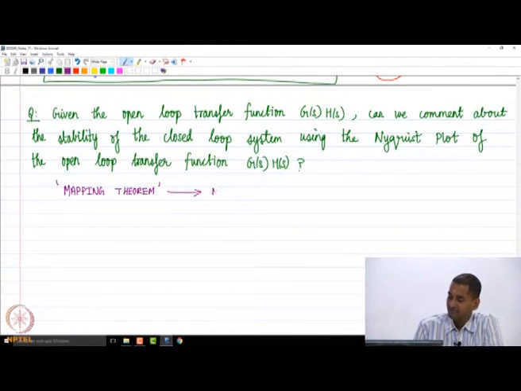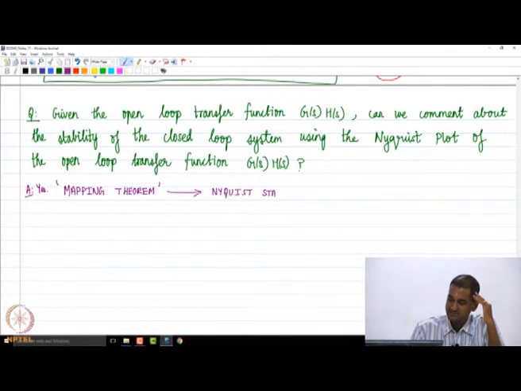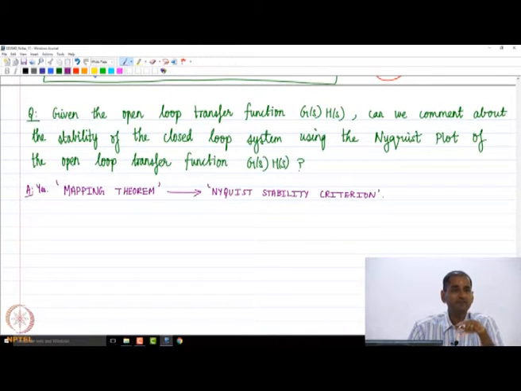The mapping theorem leads to the Nyquist stability criterion. This is what I have typed in that handout.